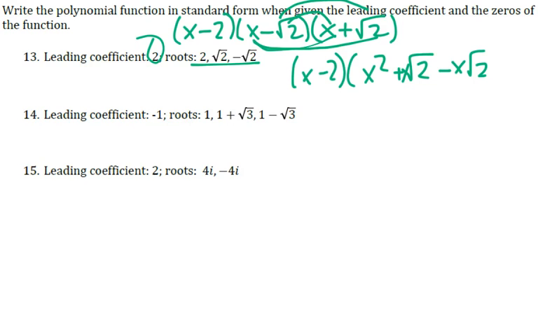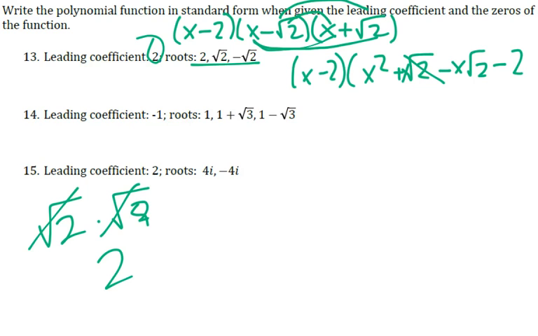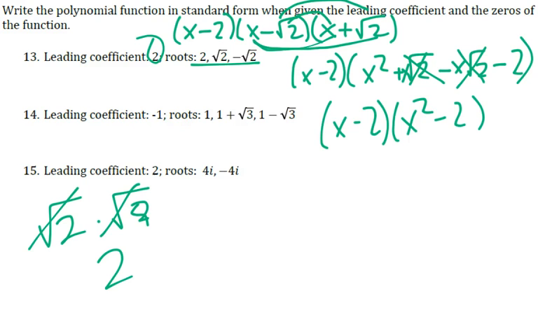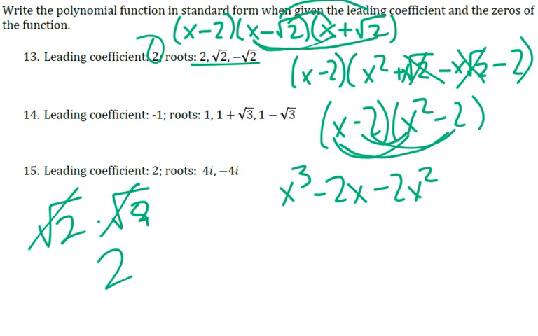Whenever you multiply something like this, basically you just get rid of those and you end up with 2. Okay? So it would be minus 2. Well, those will cancel out. So we end up with x minus 2 times x squared minus 2. Multiply that, we get x cubed. Multiply that, negative 2x, negative 2x squared, and positive 4.